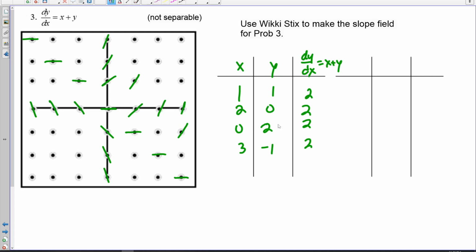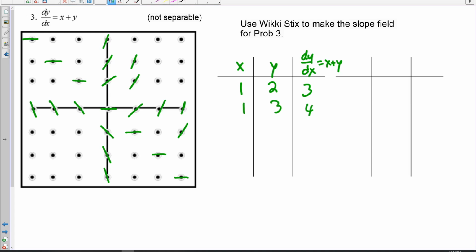Let's see. What if I tried right here? This would be (1, 2). So (1, 2) would have a slope of 3, right? This right here would have a slope of 3. So I'll just put in a slope of 3. This was a slope of 3 right here. And if I did (1, 3), I would actually have a slope of 4.